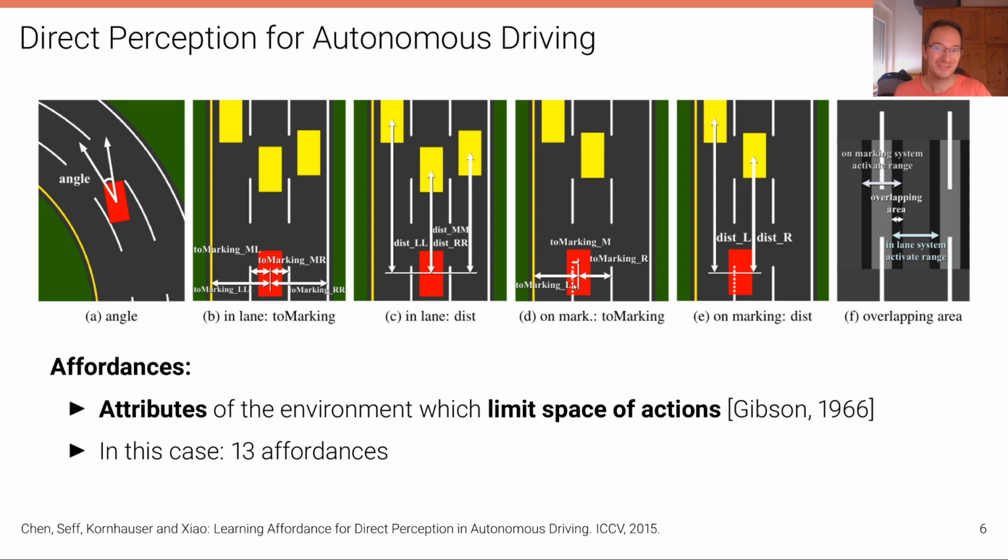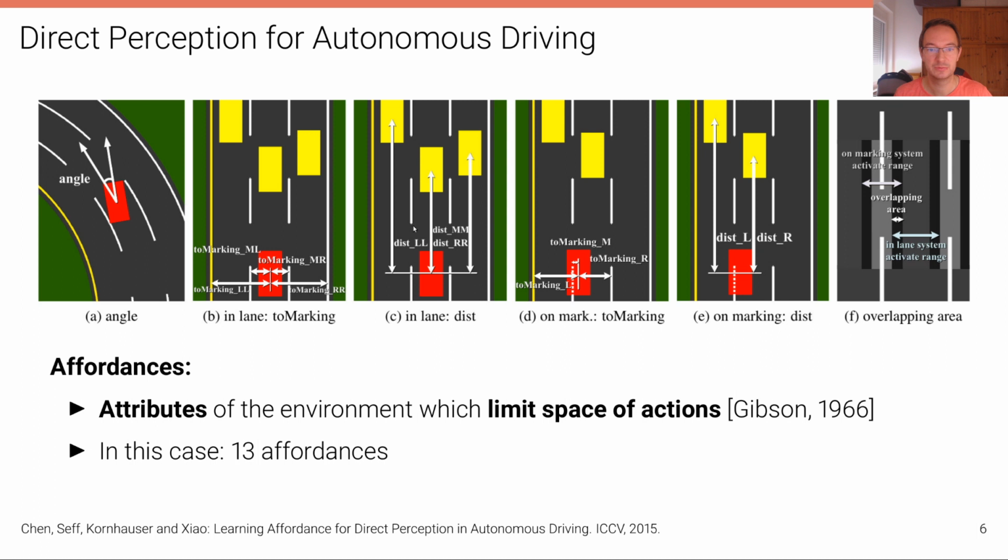If the vehicle is on the lane marking, these are the states that are illustrated here in subfigures D and E, then the model predicts the distance to the left lane marking, the distance to the lane marking that the vehicle is currently driving on, and the distance to the right lane marking.